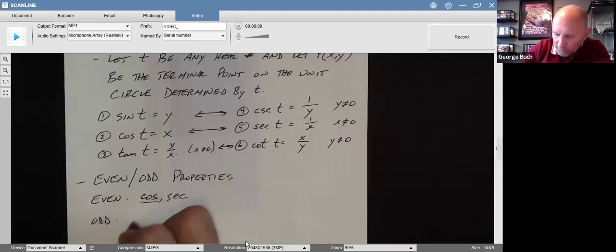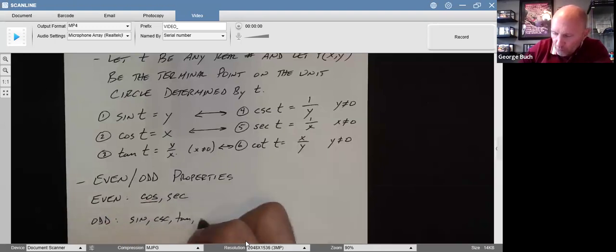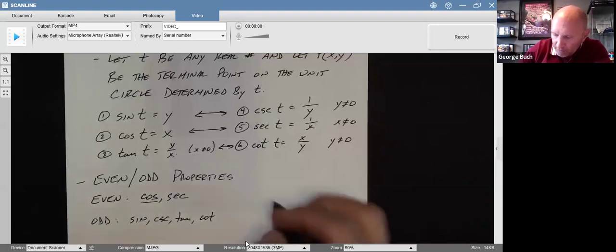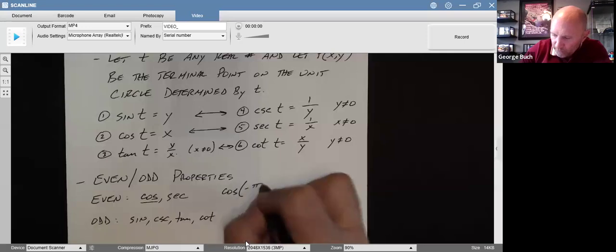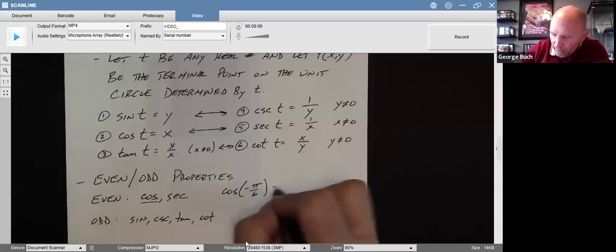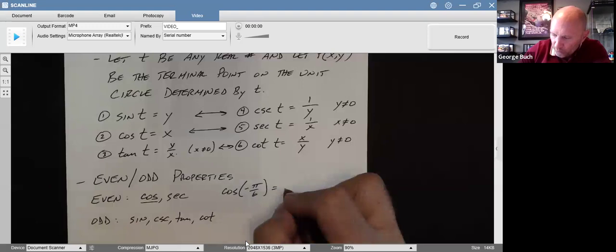So all the rest: sine and cosecant, tangent and cotangent. So what this means is if I have, let's say, cosine of negative pi over 6, this is the same thing as if I just get rid of the parenthesis.